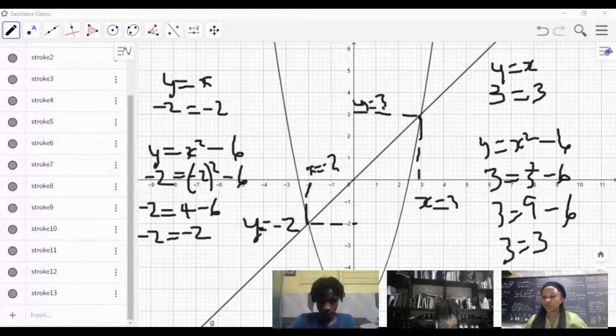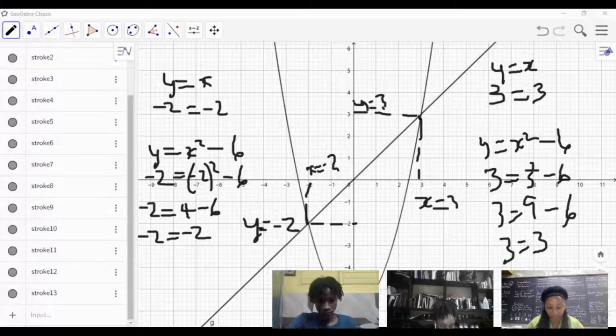Just to remind you guys, what we're saying is to find the solution of simultaneous equations where one is a linear function and one is a quadratic function. If we're doing it the graphical method, remember we could also do the algebraic method, by substitution or factorizing or something like that.